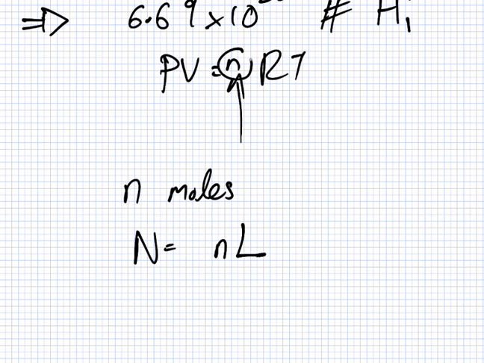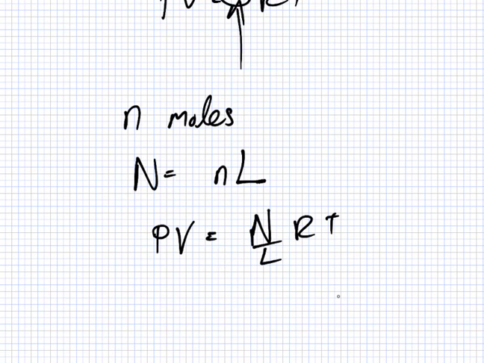Some people don't like to have the n in here for moles, they much prefer just to have the amount, not the moles. So you could write this formula as PV equals N over L times RT, or PV equals NRT over L.